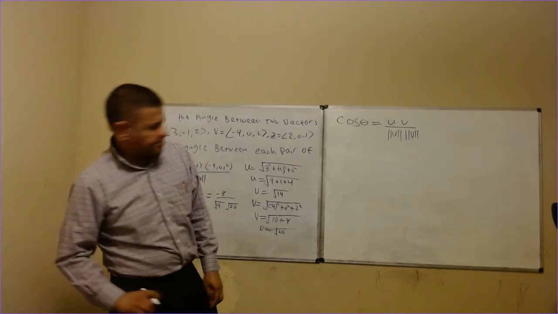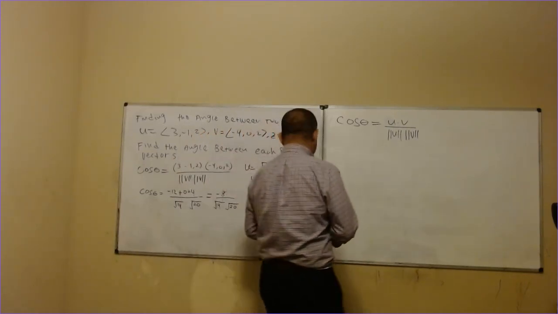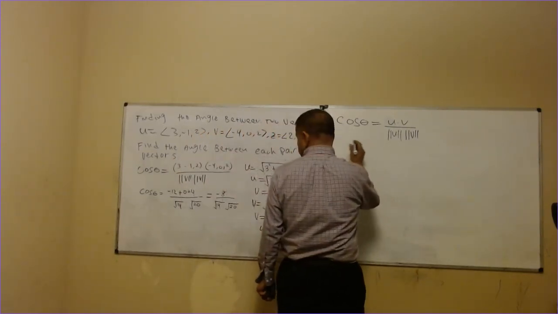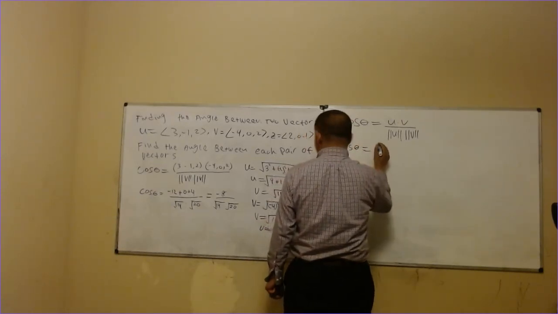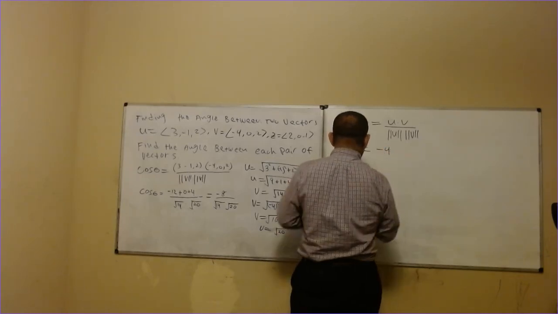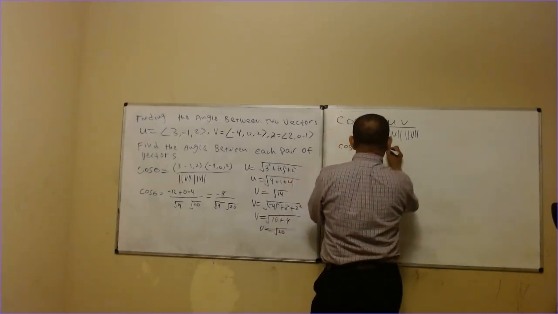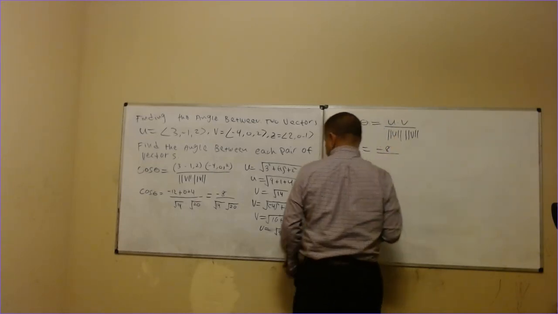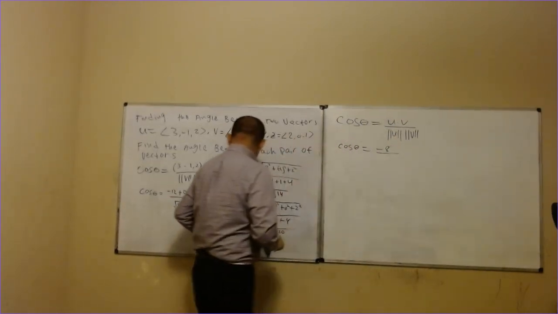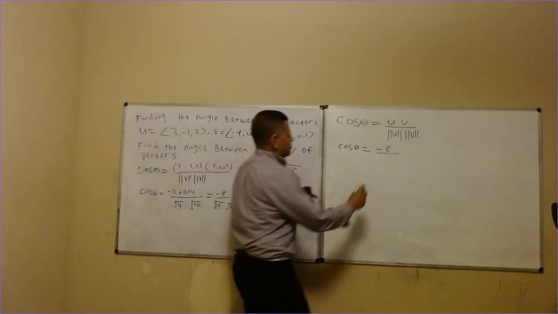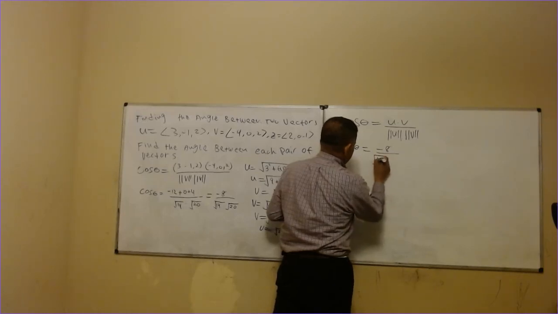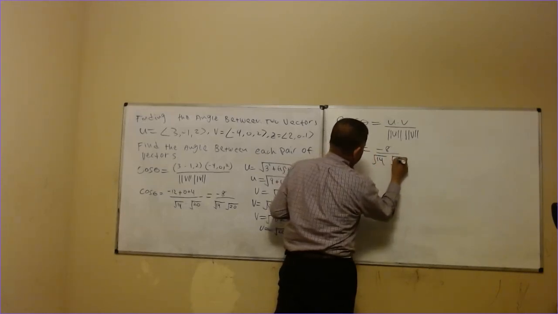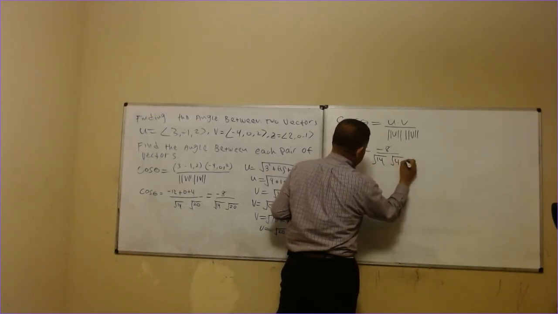So now that I have this, I can actually work with this and factor out, and I can say cosine of theta is equal to what? It's equal to negative 8 over, if I factor out the 20, this is going to be the square root of 14, and then the square root of 4 times 5, right?